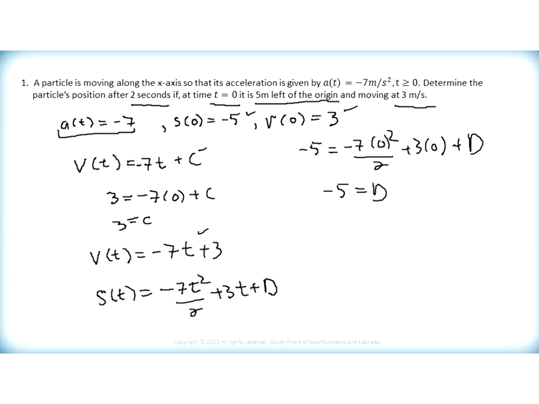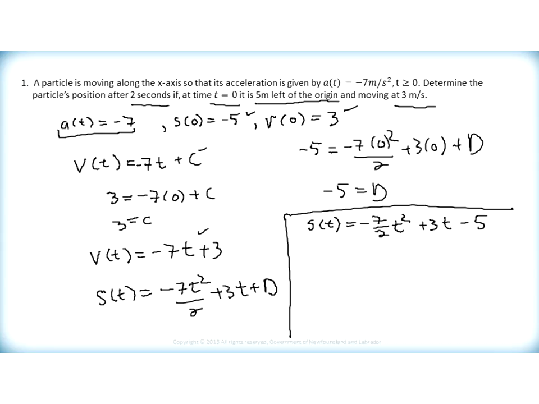So now we have our position function finally, and we're able to evaluate it to find out what we're after here. So s of t is -7/2 of t squared plus 3t minus 5. So we have a quadratic position function, and we need to find its value after 2 seconds.